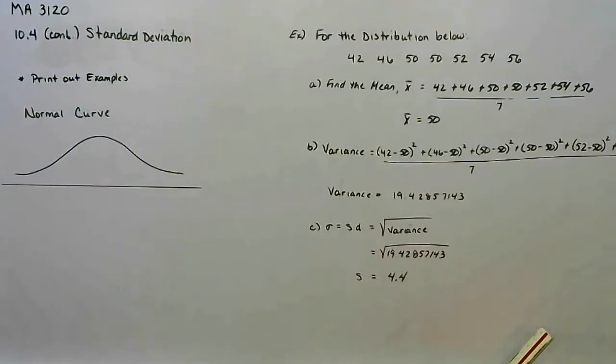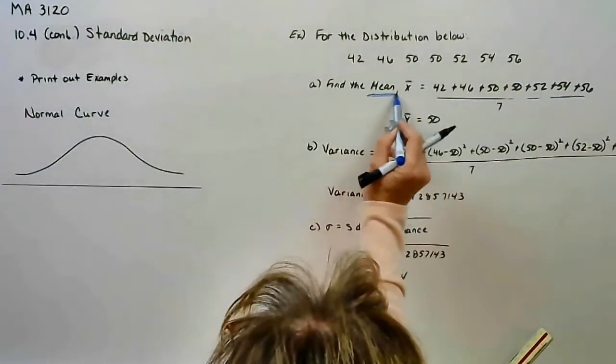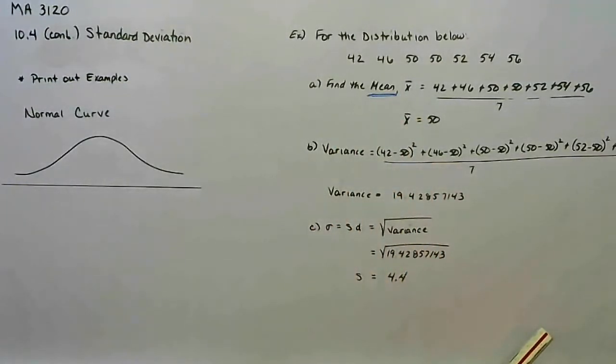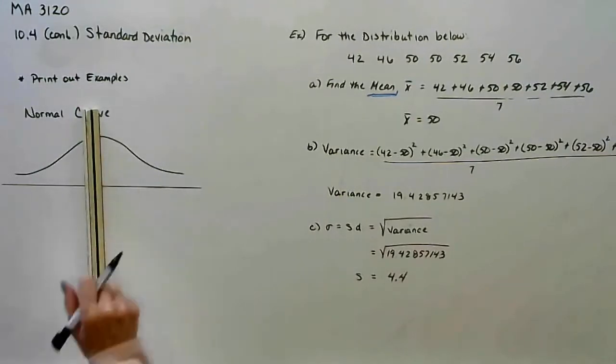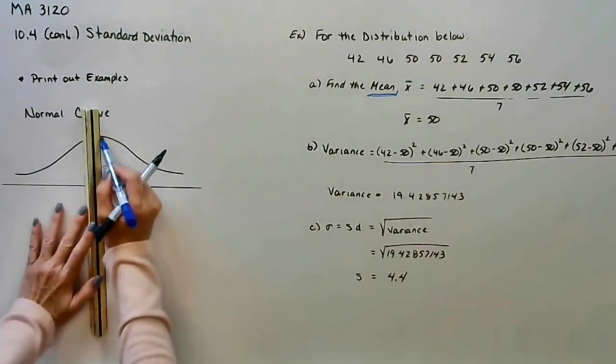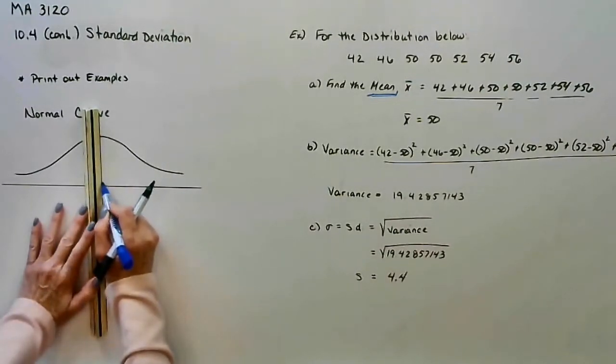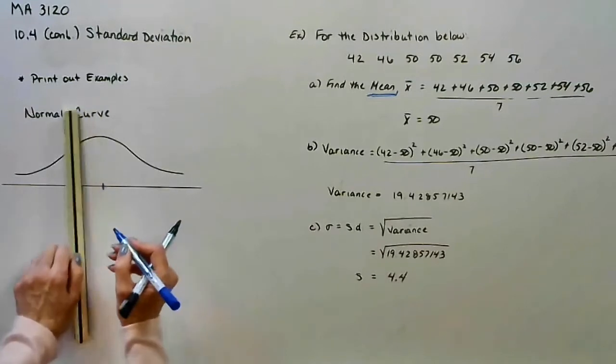Now remember, standard deviation and normal curves are all about everything around the mean. So what we first want to do is in the very middle of our curve, if we can estimate and find the exact center here, that exact center is where we want to place our mean.